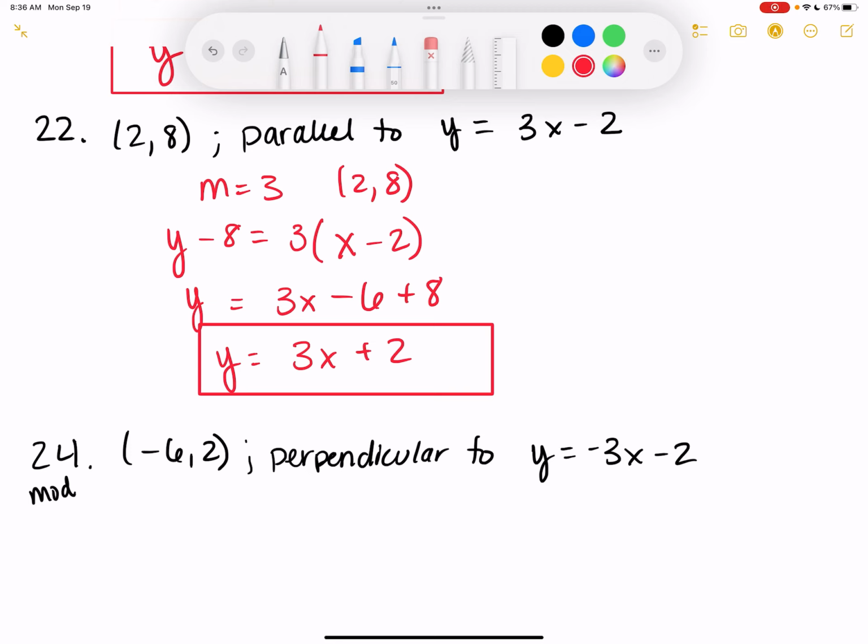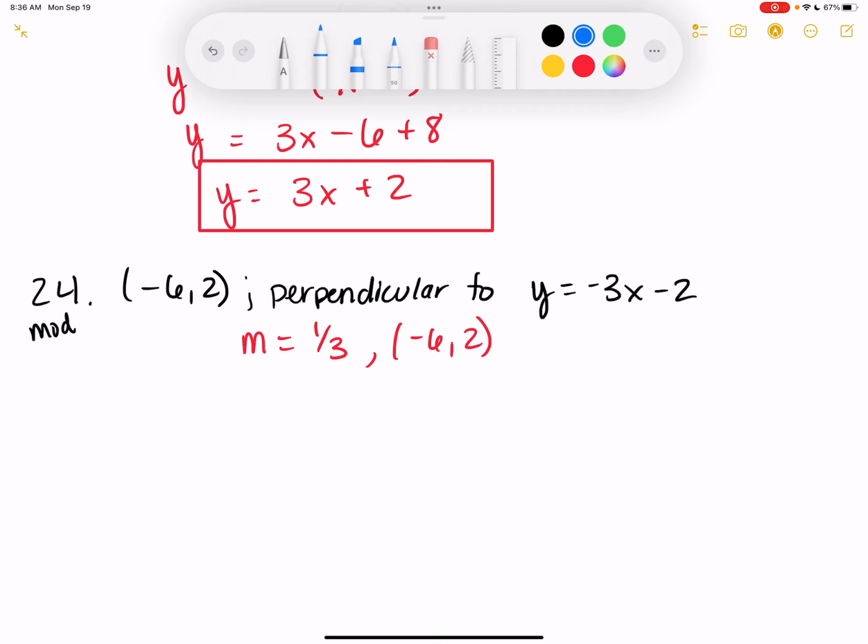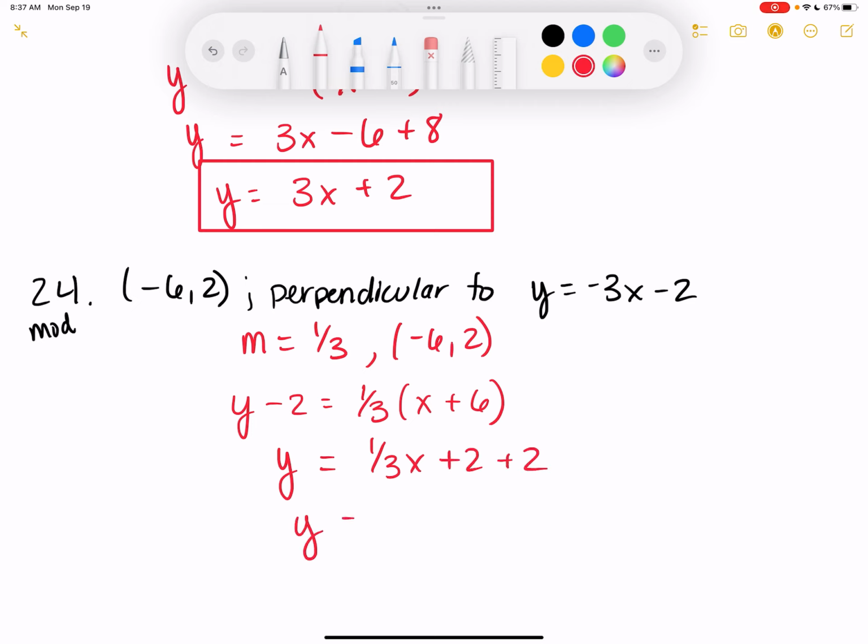So if I want a slope that's perpendicular, what is it going to have to be? 1/3. Yep. So 1/3 with the point -6, 2. So then what is my point slope form? Y minus 2 equals 1/3 x plus 6. Good. And then I have y equals 1/3 x plus 2 plus 2. So y equals 1/3 x plus 4.